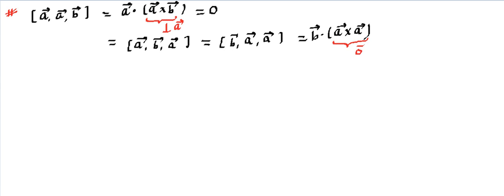Now the final answer has to be given as 0, not 0 vector. The reason, you know, is that the final answer is a numerical value, because this is scalar, it's not a vector. So this red 0 is a 0 vector, whereas this black 0 is a 0 number, and there's a difference, you know that. So from here we got a rule: whenever two vectors are identical, then you will find that the answer is 0.